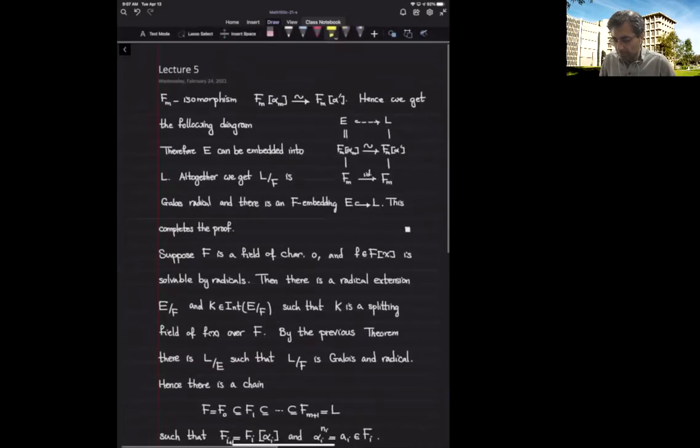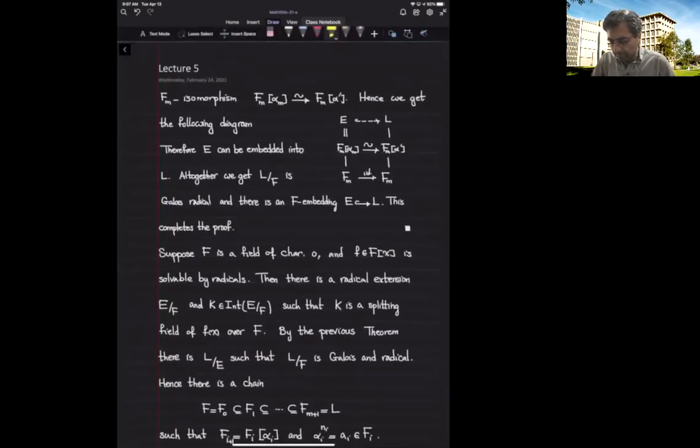Both alpha and alpha sub m are zeros of the minimal binomial of alpha sub m over f sub m. That's an irreducible binomial. From there, we can deduce that the field after joining alpha sub m to f sub m and the field after joining alpha prime to f sub m are f sub m isomorphic.